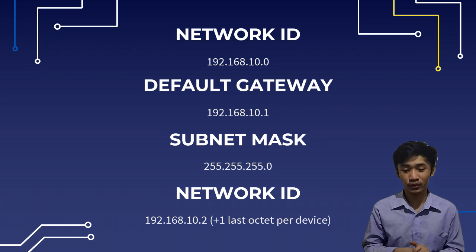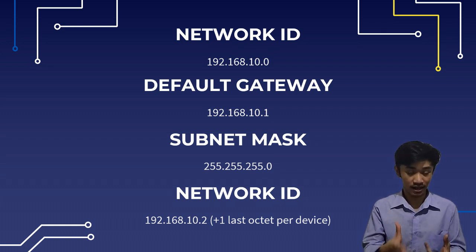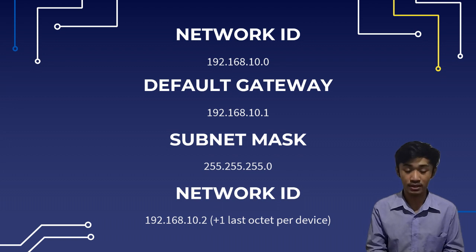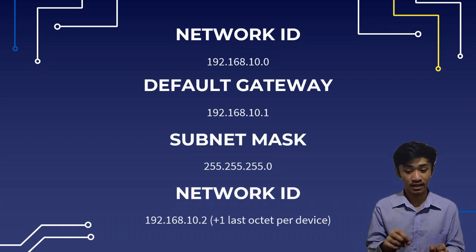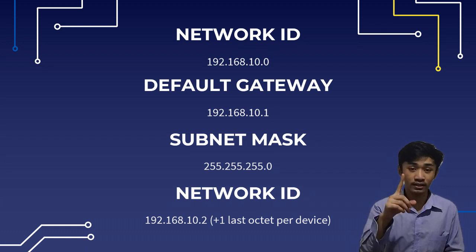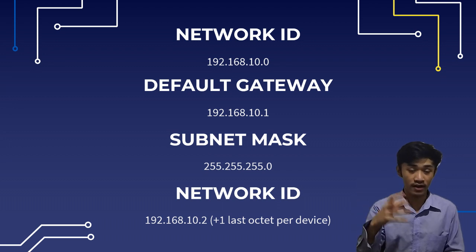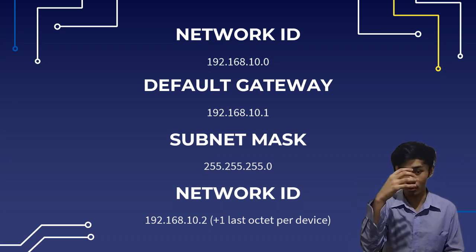And for our devices, their IP addresses will be 192.168.10.2 for our first device, and then we will add 1 on the last of that per device that we will add into our network system.